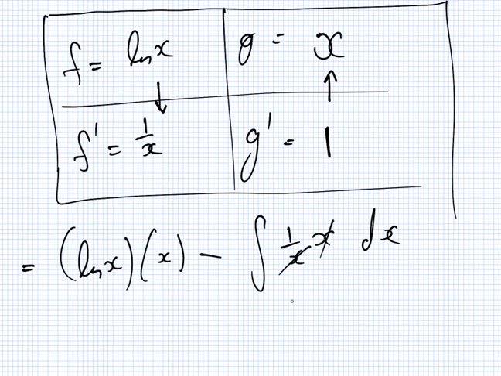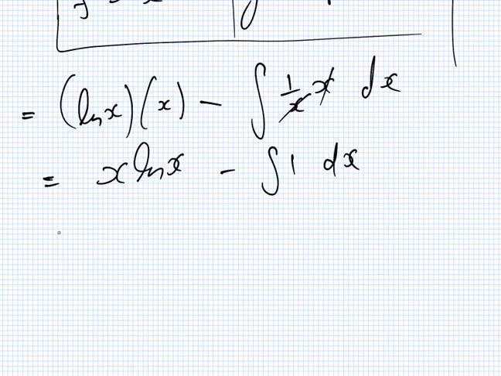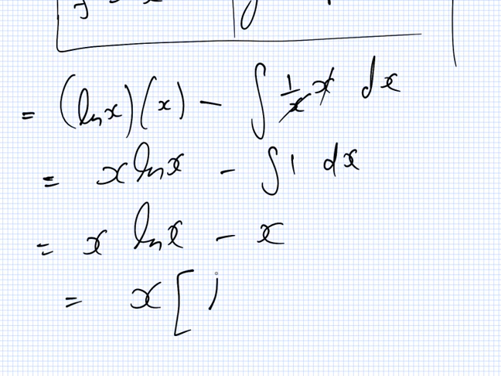So this is x log x minus the antiderivative of 1, which is x. So it's x log x minus x plus c. And I'll assume that you have the brackets here, Ali. Yeah, I'll assume that.